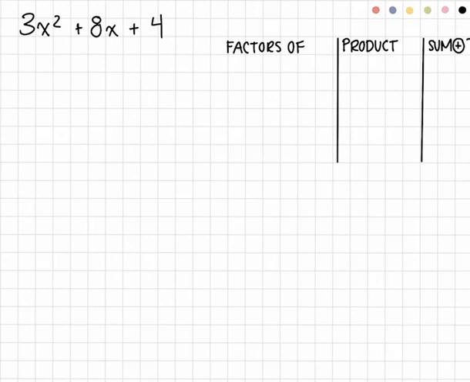My sum is positive 8, right? Now I'm going to look at my A value and my C value because I know my product is A times C. And I've got 3 times 4, which is positive 12. So I have a positive 12 product, so I'm looking for factors of positive 12.